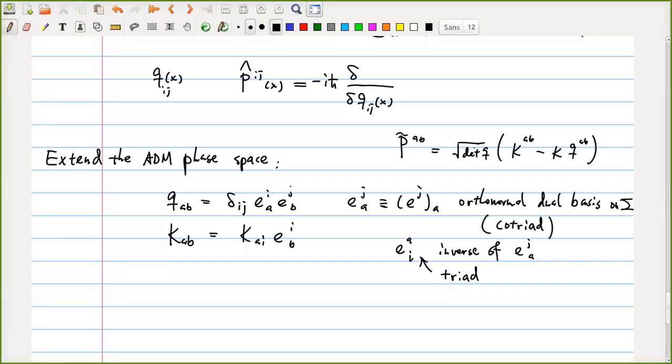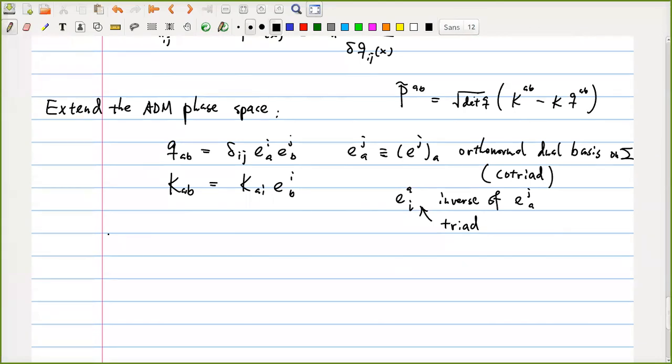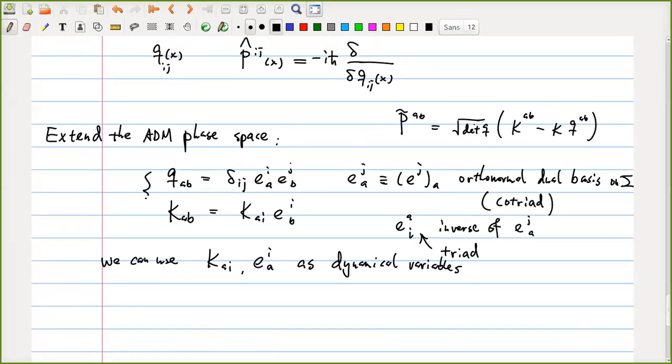Okay, so now what we want to do is, for example, use K_A^I and e_I^A as dynamical variables. At this moment it's just an idea, motivated by these two formulas.